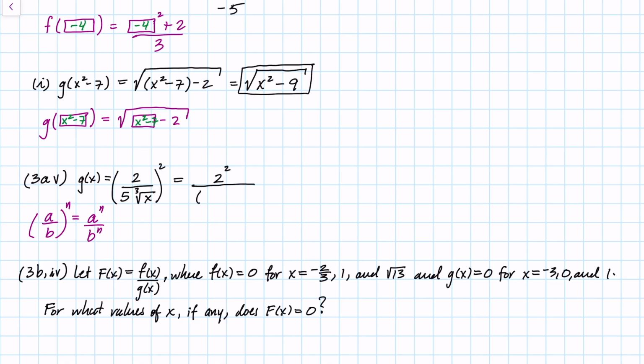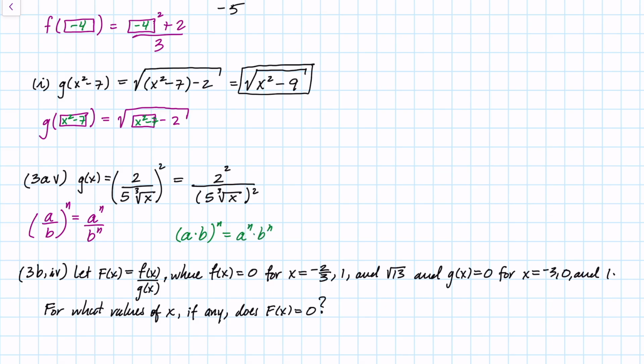And the denominator is 5 times the cubic root of x squared. Now, I can apply another rule here, because remember that if you have two terms multiplying each other like this, raised to some power, I can simply apply the exponent to each factor.